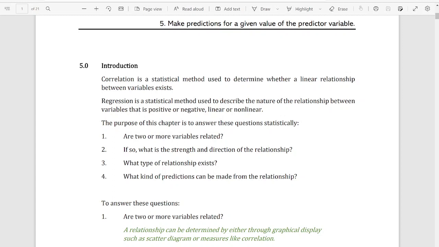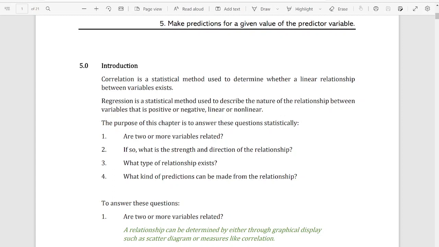And then what type of relationship exists? Is it a linear relationship? Is it a quadratic relationship? And so on. And of course, dalam kita punya perbincangan untuk syllabus, kita hanya lihat untuk yang linear relationship sahaja. Okay. And then what kind of prediction can be made from the relationship?